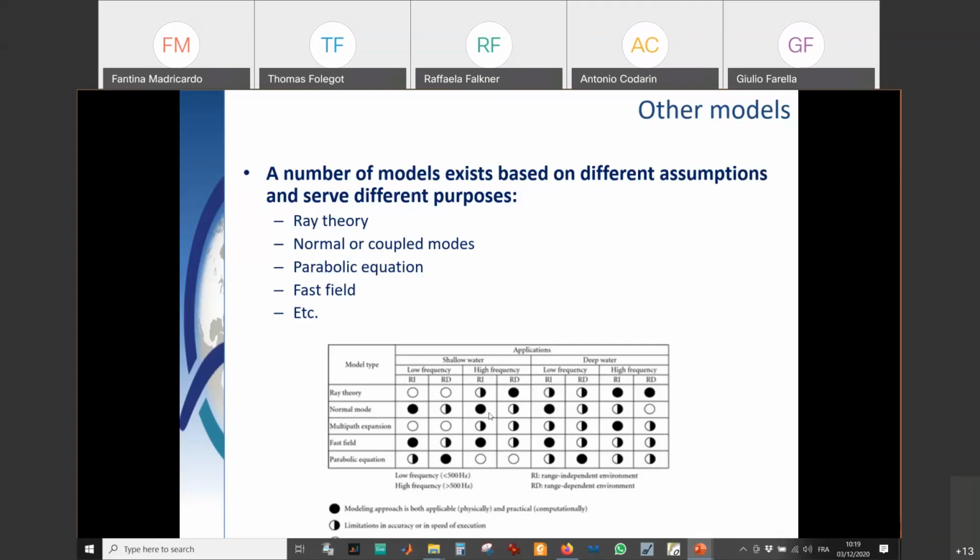But basically, we use ray theory at high frequencies in shallow water and deep waters. And both are range dependent, so we can really describe the environment with a changing bathymetry and also the distribution in temperature and salinity in the ocean.